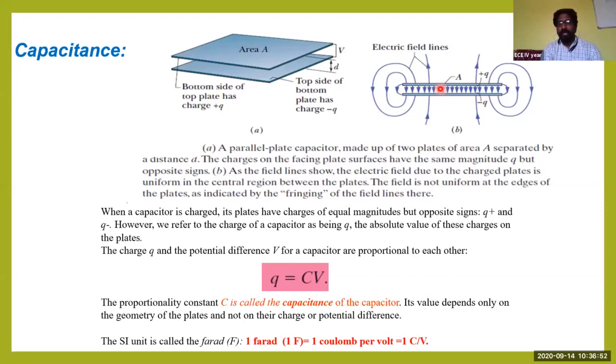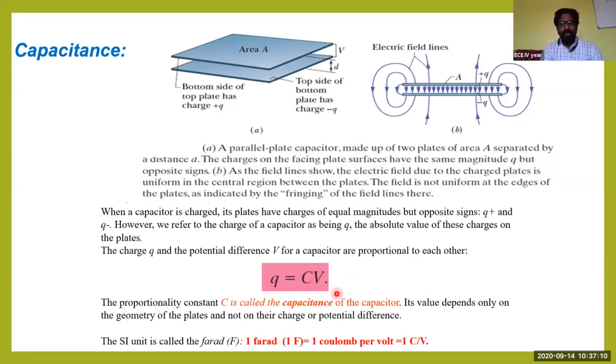Now let us see the formula for the capacitance. We know that Q equals CV, where C is the capacitance, Q is the charge, and V is the potential difference. Writing it as C equals Q over V gives the capacitance.